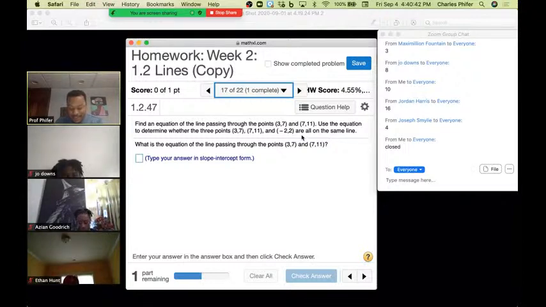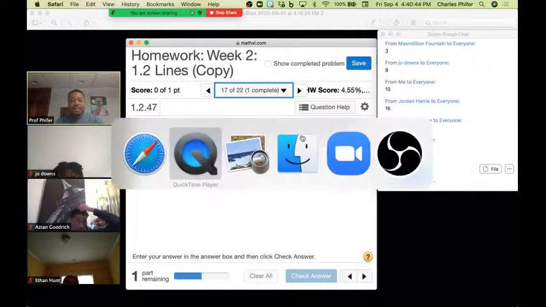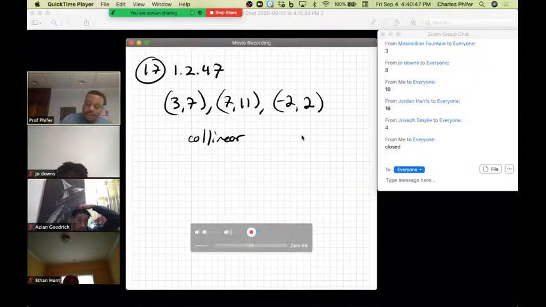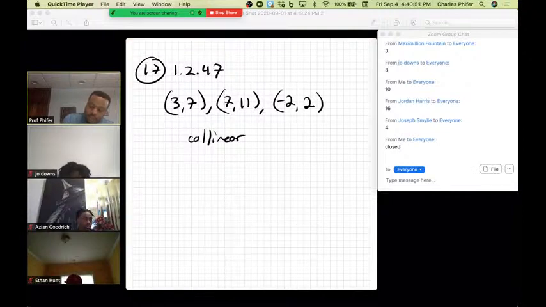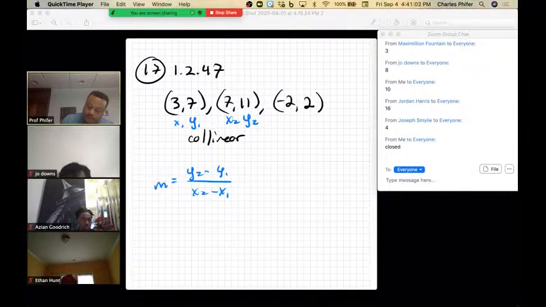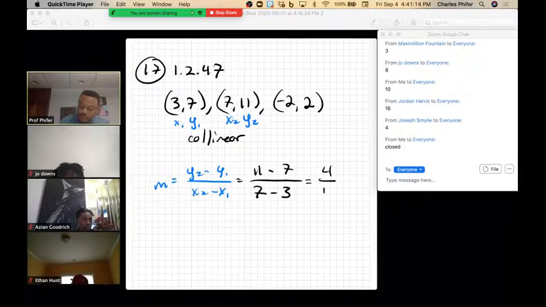Okay, let's see. So this question asks us to find the equation of the line through the first 2 points. So I'm going to automatically do the following: x1, y1, x2, y2. I'm going to start with my slope formula: y2 minus y1 over x2 minus x1. If we plug in what we have, 11 minus 7 over 7 minus 3. That's 4 divided by 4, so the slope is 1, right?